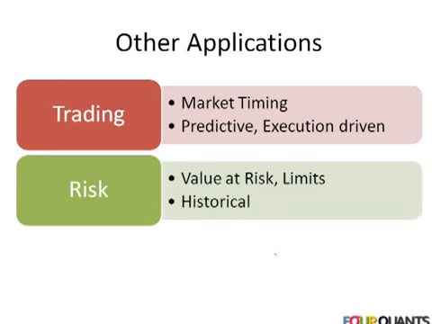Second variation is the risk question, and the risk question focuses on, again, a number of forms, but the two that are most common in our analysis and our work. The first is the value at risk question, which is, what's the worst that can happen, what's the most that you can lose in terms of the investment choices that you've made. And second, more interesting, is the limits question, which is, how do I determine I've had enough? How do I set what is enough?